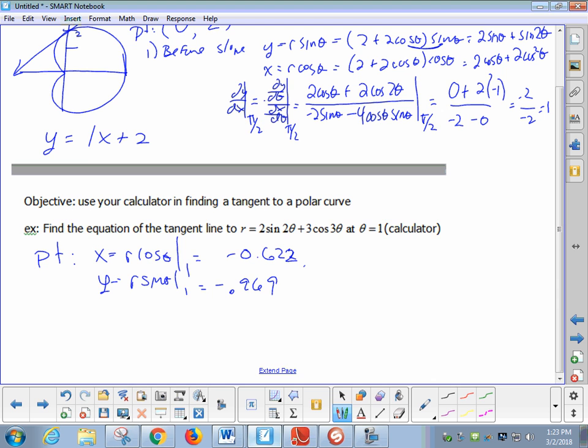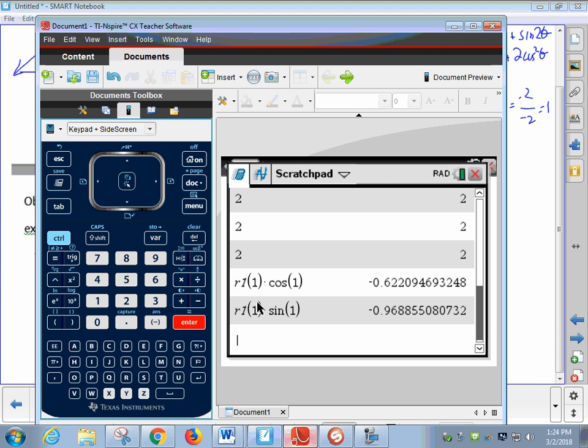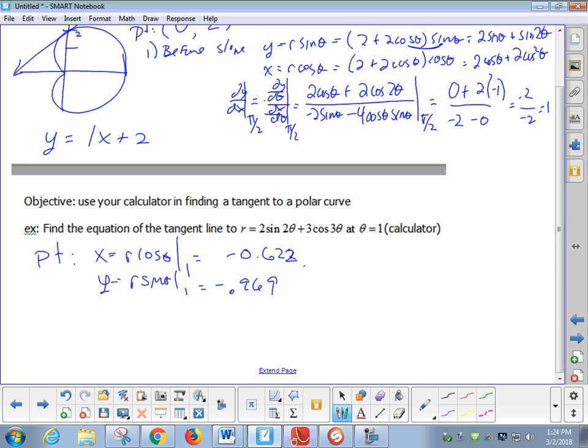Do you agree that x is always r cosine theta, and y is always r sine theta? So I am just calling up the r as I've defined it, which is this big mess, and saying at 1 times cosine at 1. That's the x. When I do that, I'm finding the x as a point of tangency to the curve. With me? Okay. So, for the slope, we want dy dx.